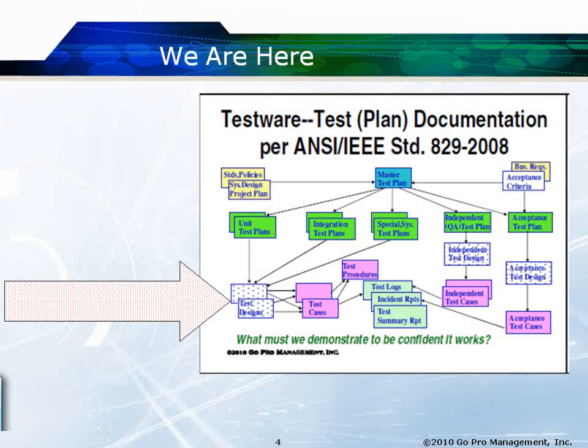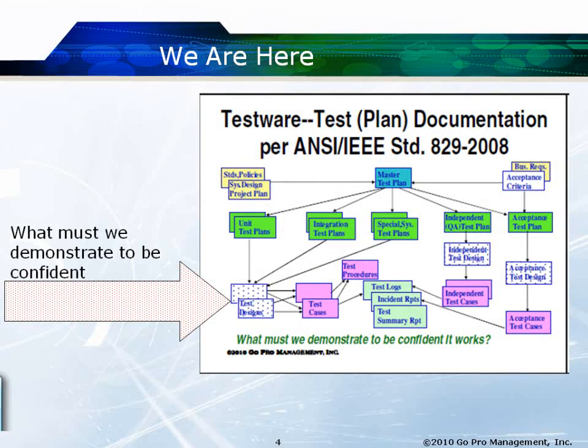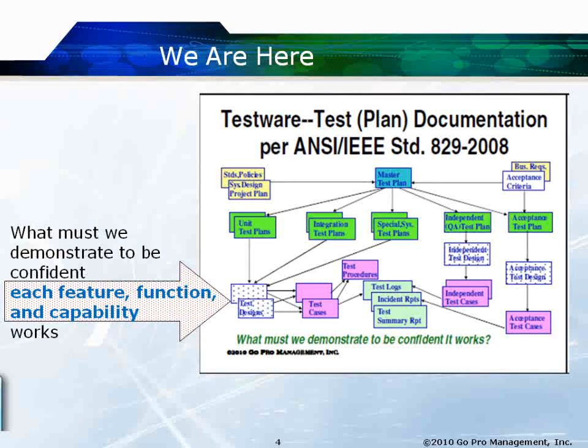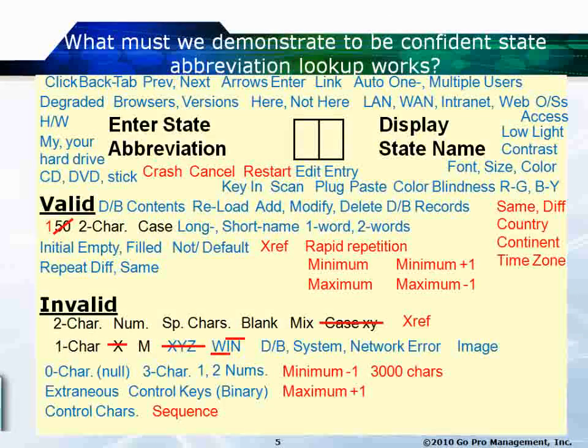So we are here. We are getting to the test design specification that is what we need to demonstrate to be confident that a feature, function, or capability works. Okay? So if we look at all of these conditions for entering a state abbreviation, displaying the state name, we've got all of these conditions.